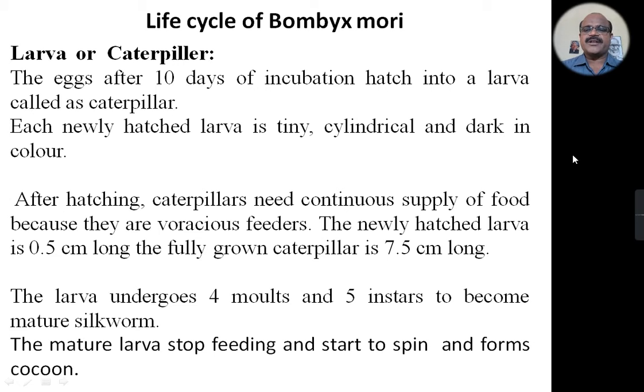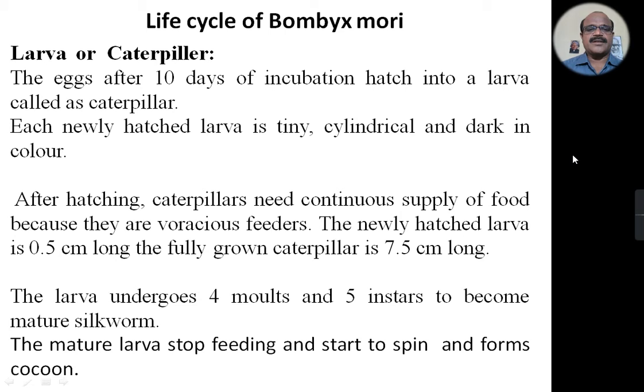The newly hatched larva is 0.5 centimeter long and the fully grown caterpillar is 7.5 centimeter long. The larva undergoes 4 molts and becomes the 5th instar to become a mature silkworm.